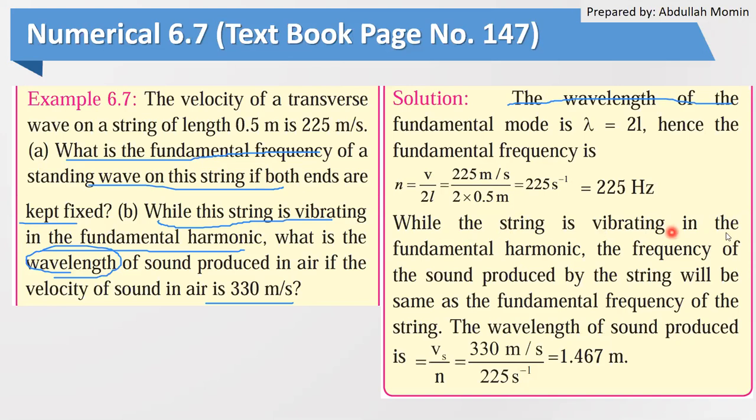While the string is vibrating in the fundamental harmonic, the frequency of the sound produced by the string will be the same as the fundamental frequency of the string. So the wavelength of the sound produced is lambda is equal to v by n, and v is 330, n is 225, and when you solve this you will get 1.467 meter, that is the wavelength.